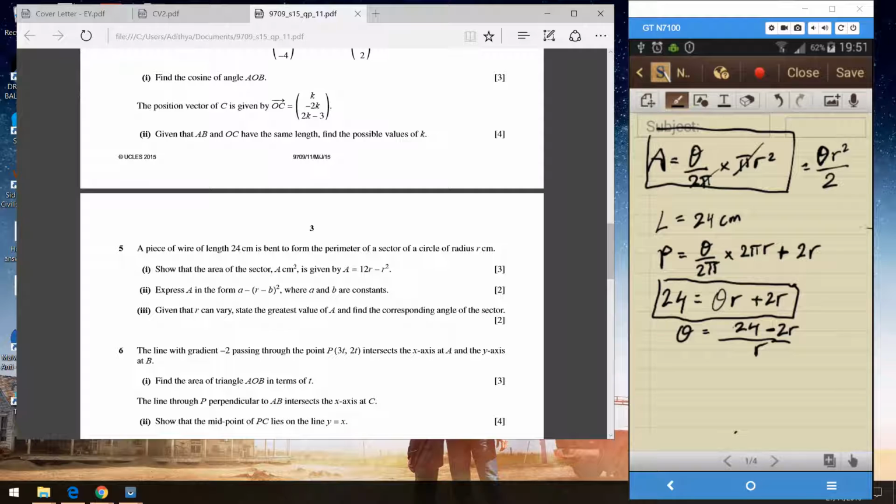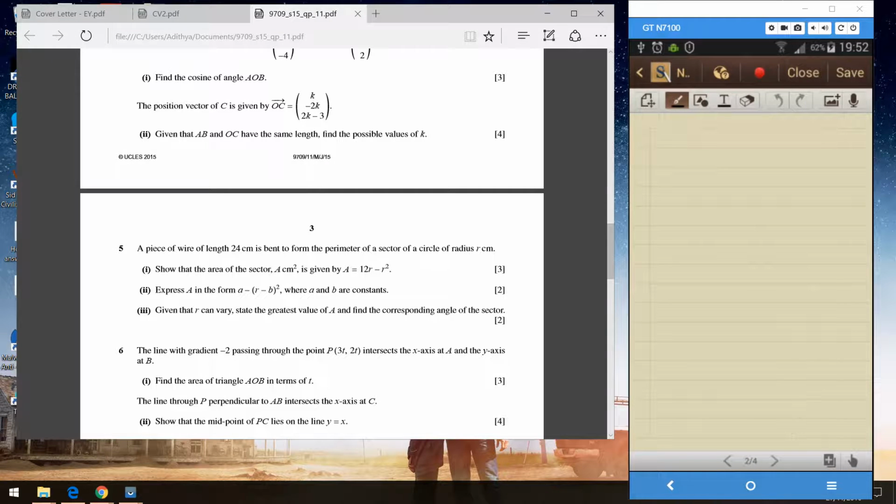Now we plug this theta into the theta that was in the area before. So area is equal to 24 minus 2r divided by r, times r squared, over 2. The r squared cancels with r, so that becomes r, and that becomes 1. Let's go to the next page.